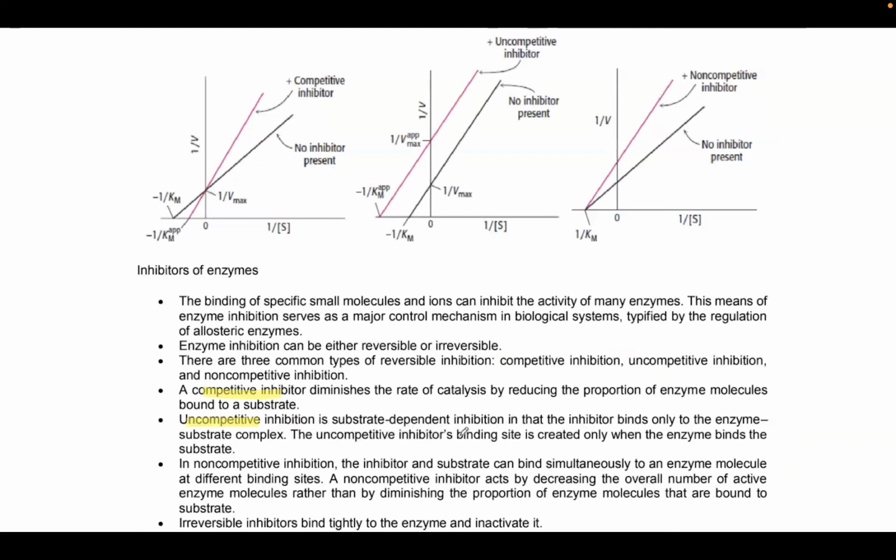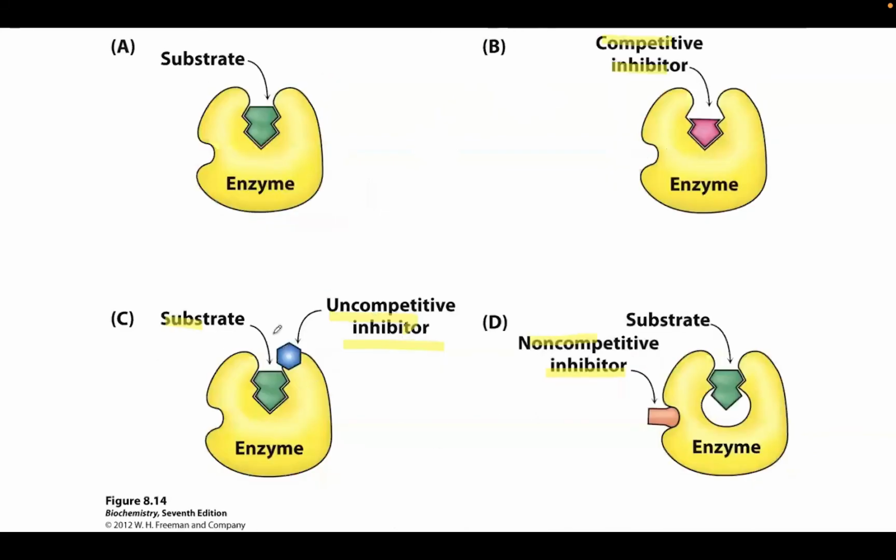The uncompetitive inhibitor binding site is created only when the enzyme binds the substrate. Okay, ito po yun. Meron kang uncompetitive inhibitor once na nag-combine na or nag-join na si substrate and then your enzyme. Okay, uncompetitive kasi nandun lang siya sa may active site.